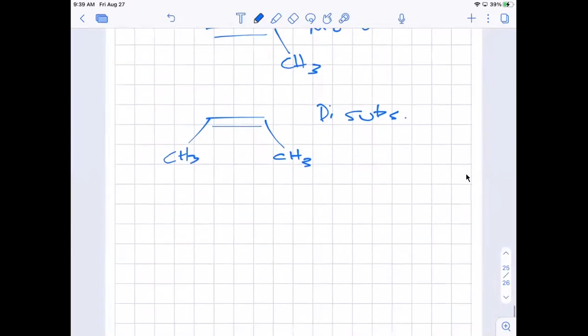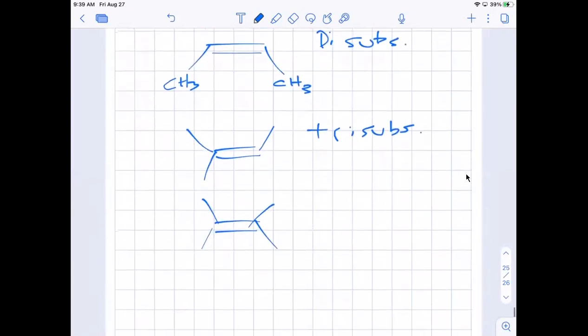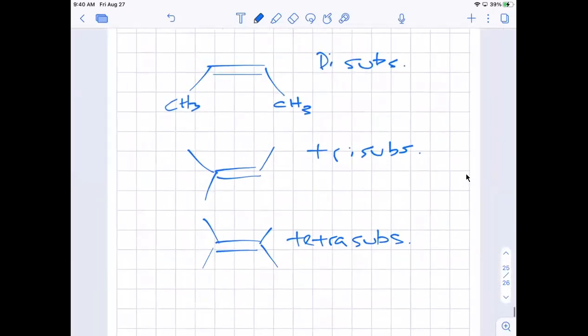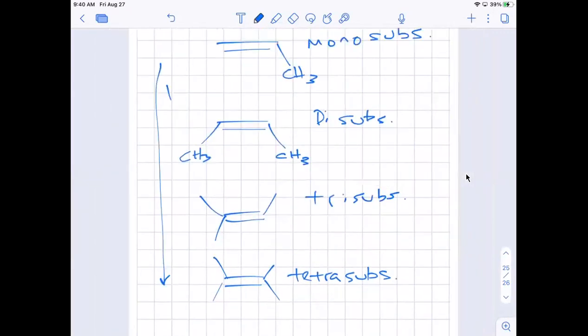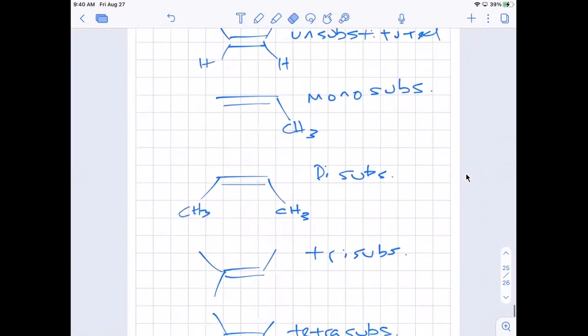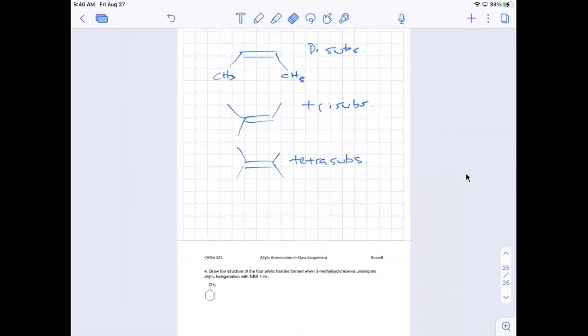And then if I put 3 groups on there, this is trisubstituted. And if I put 4 groups, oh, sloppy, sorry, this is tetrasubstituted, right? So alkenes do that. The stability of the alkene increases as you increase the number of substituents around the alkene carbons.